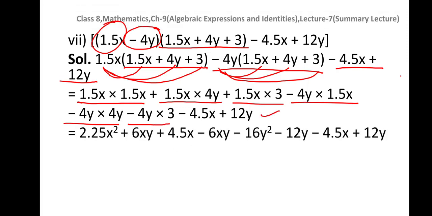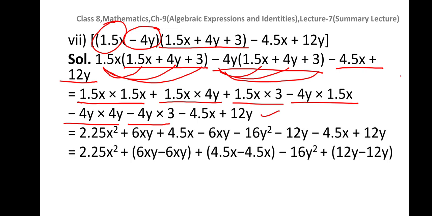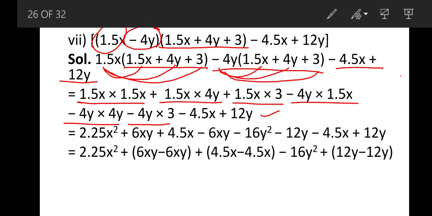Now after multiplying these two, you will be getting 2.25 y x square. Likewise you will be able to solve the next term and multiply till the last term. Like 1.5x into 3, it will give you 16y square.